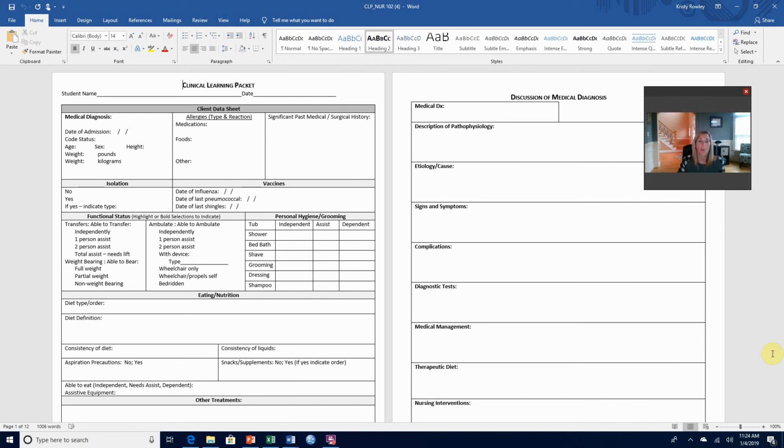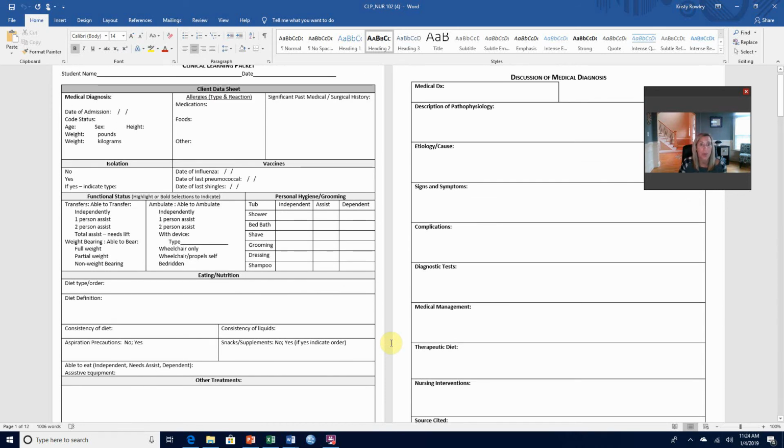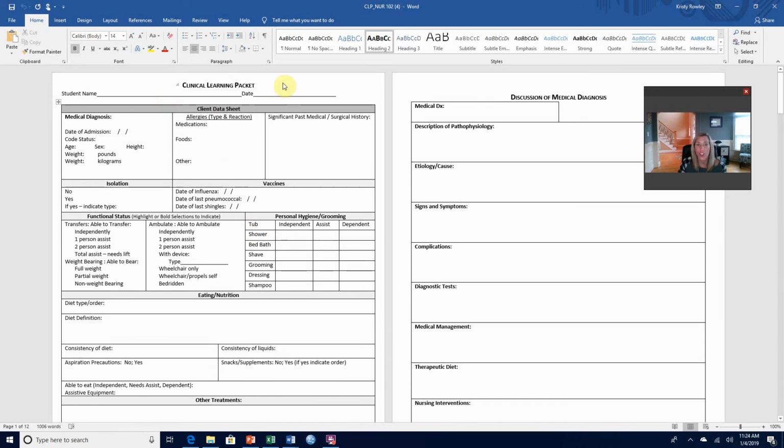So it's more accessible, and it's electronic, so it's in today's world. Under functional status and isolation, they can just come right in and highlight those. This is a simple Word document, so it's very easy to manipulate. They can bold or highlight, and I even put here to highlight or bold in the indicated section.